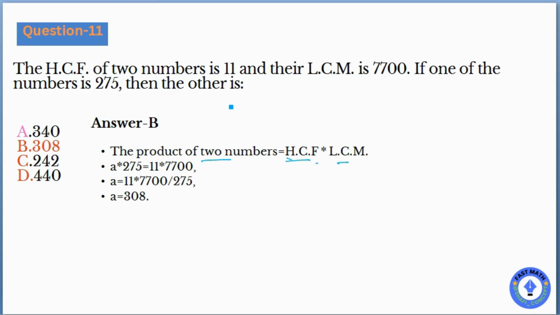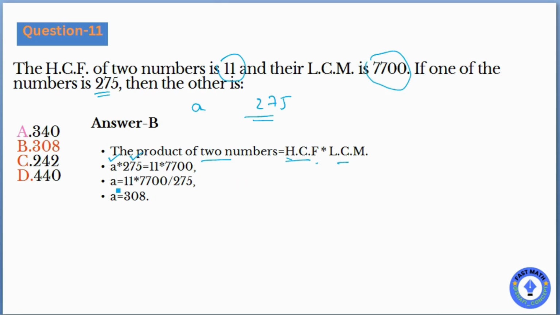One of the numbers has been given as 275. Consider the second number as A. The first is already known, 275. The second you don't know, that's why you are assuming it as A. As per the formula, the product of the two numbers is A into 275. That is the product of HCF and LCM, that means 11 into 7700.